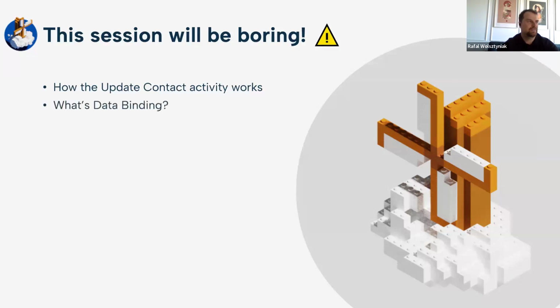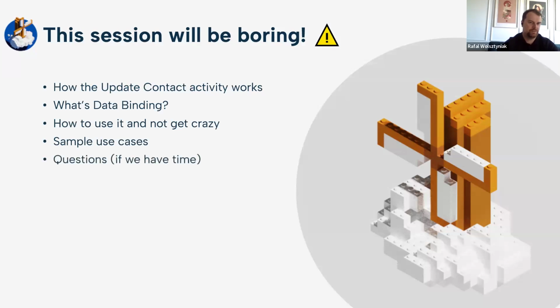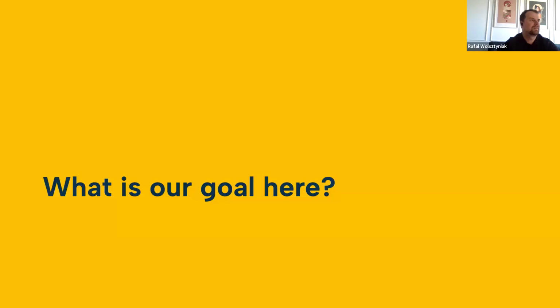And we'll learn what data binding is, how we can use it and not get crazy and cause errors. And we'll discuss some basic use cases that you can achieve using data binding. And if we have time, but I'm not sure about that, I'll try to answer some questions that you might have. But I have a lot of slides and I don't know if we can finish in time.